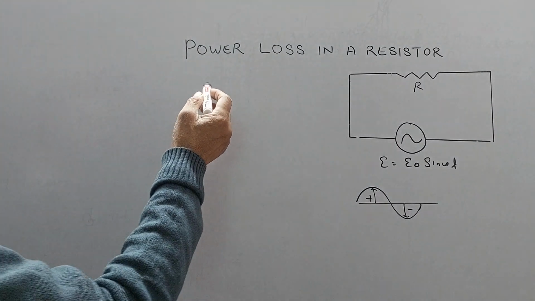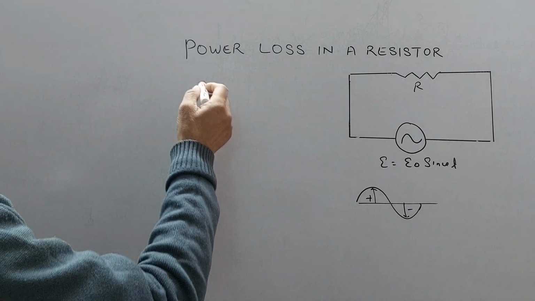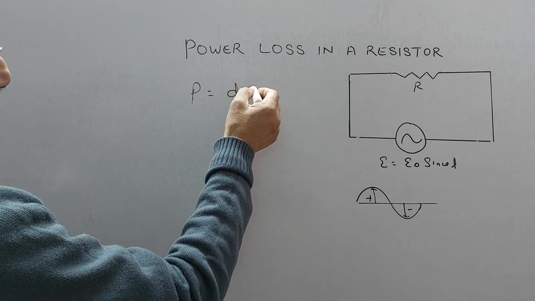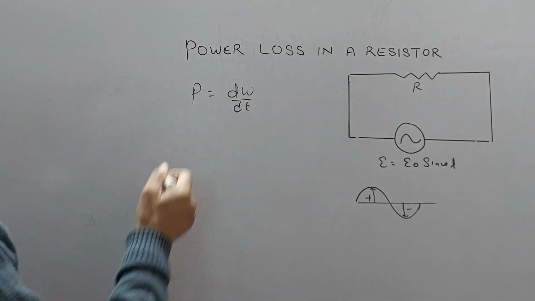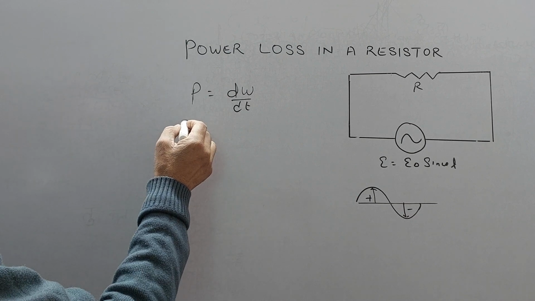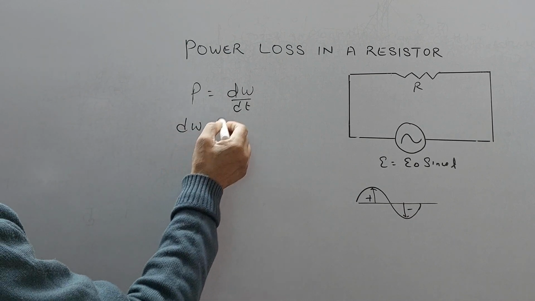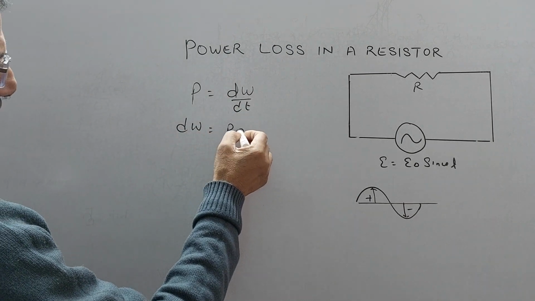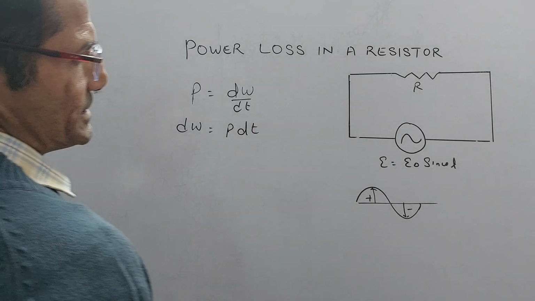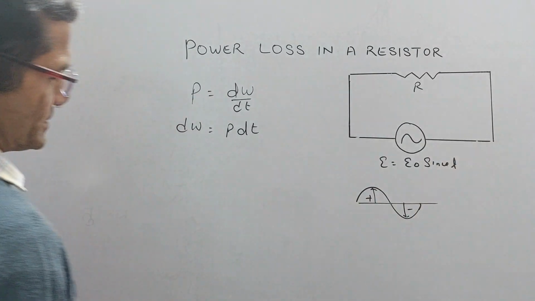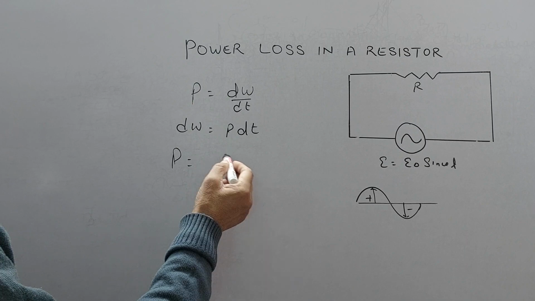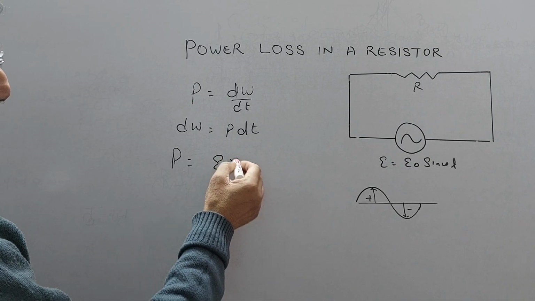We know that power is the rate of doing work, so the power formula is P equal to dW upon dt. So in a small time dt, dW is equal to P dt. This is the work done to maintain a current in this alternating circuit. Also, power is equal to voltage into current.